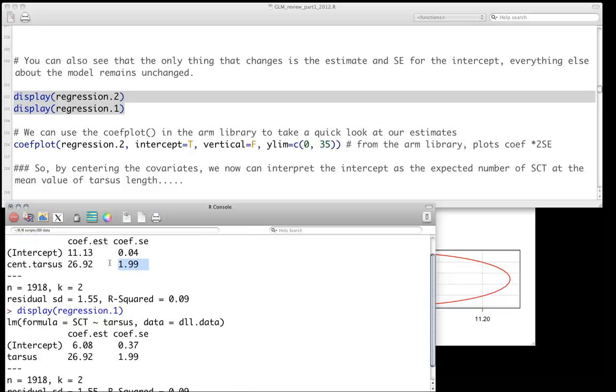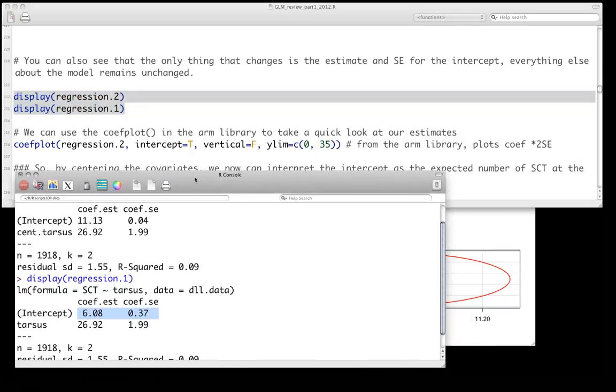And here it's actually useful. You can see that for the centered data, our coefficient is 11.13 with a standard error of 0.04. When we're estimating the intercept for tarsus itself, we're not centering, so we're extrapolating out, and we have a coefficient of 6, and our standard error is almost 7 times as large. So it's much, much larger.